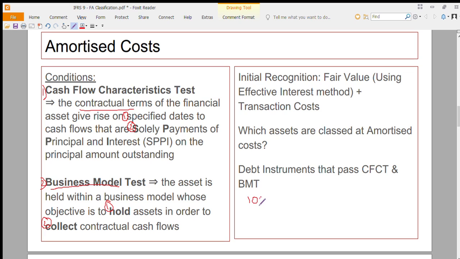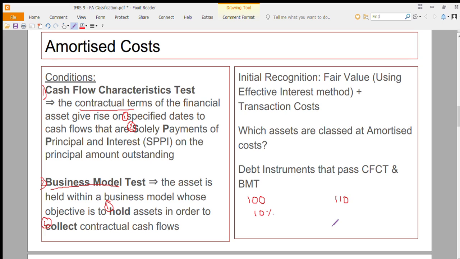You lend $100 to your friend, and there will be a 10% interest on this loan, and you want him to repay at the end of the year, which will be $110. Let's see if this financial asset, a receivable of $110 at the end of 1 year, satisfies the two conditions under amortized cost.